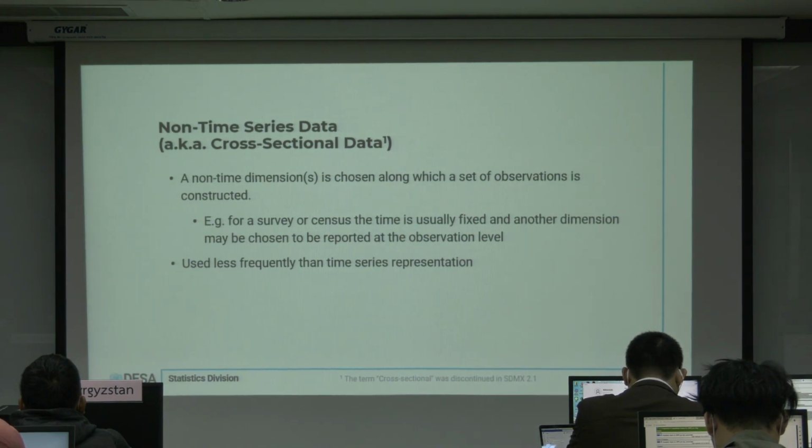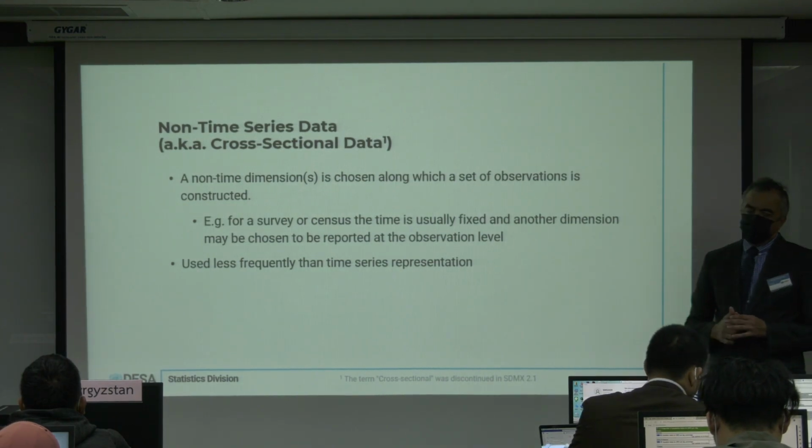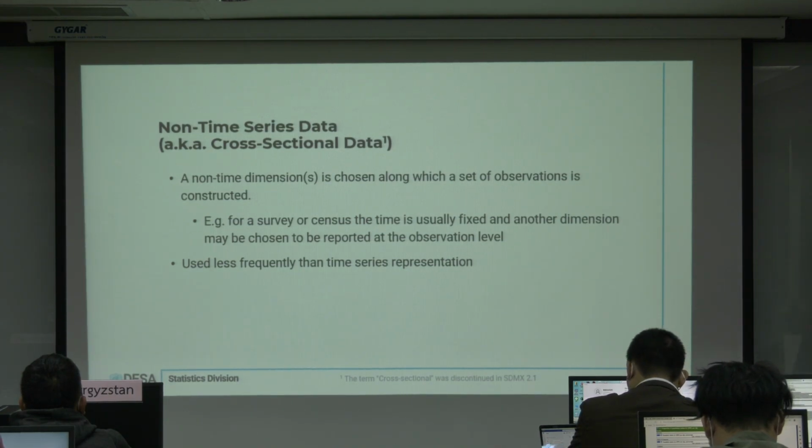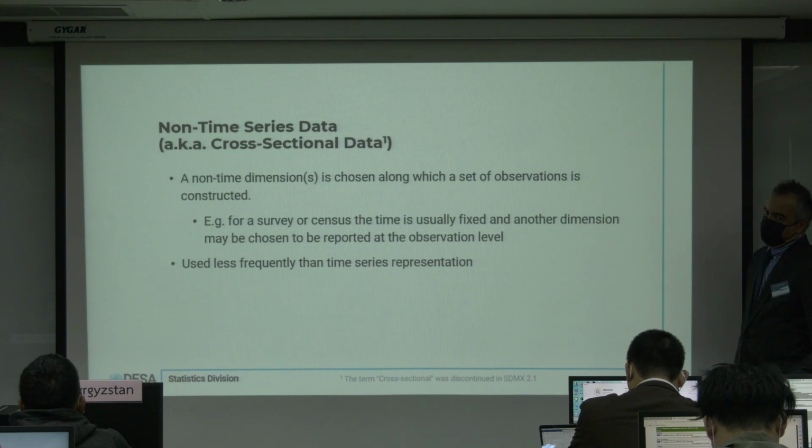Time series is not the only possible representation of data in SDMX. Basically, a time series means that you choose time to transpose your data. But in principle, it doesn't have to be time.